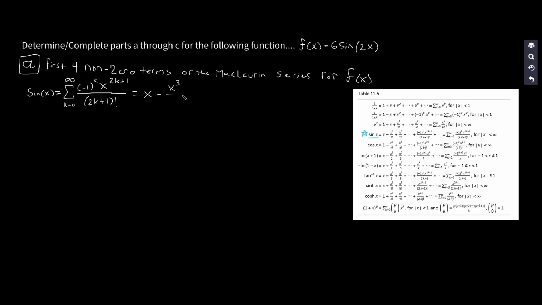This is going to be equal to x minus x raised to the third over 3 factorial, plus, there's that presence of the alternating signs, x raised to the fifth over 5 factorial, minus x raised to the seventh over 7 factorial. And then this is going to continue onwards.